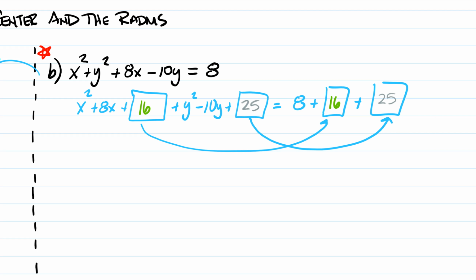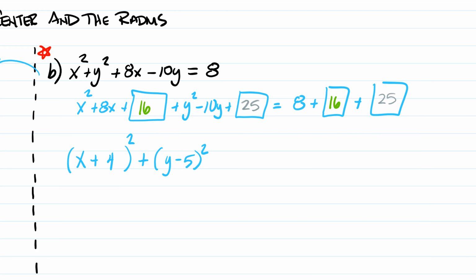So now when I'm all said and done here, when I break this down, this is going to become an x plus 4 quantity squared plus a y minus 5 quantity squared. Let me get rid of that line for you. Okay. And then on the other side, I'm going to get 8 and 16 and 25, which is equal to 49. Okay. So now I'm in really good shape.